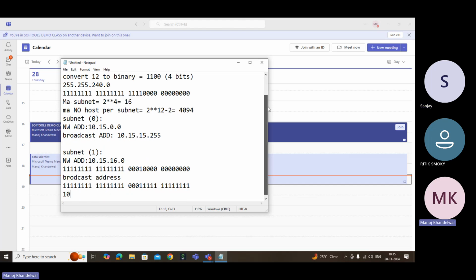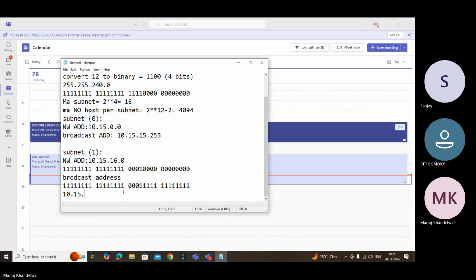See here. As I told you, we will not touch these two, 10.15. Now we want to write this in decimal. How do we write this in decimal?